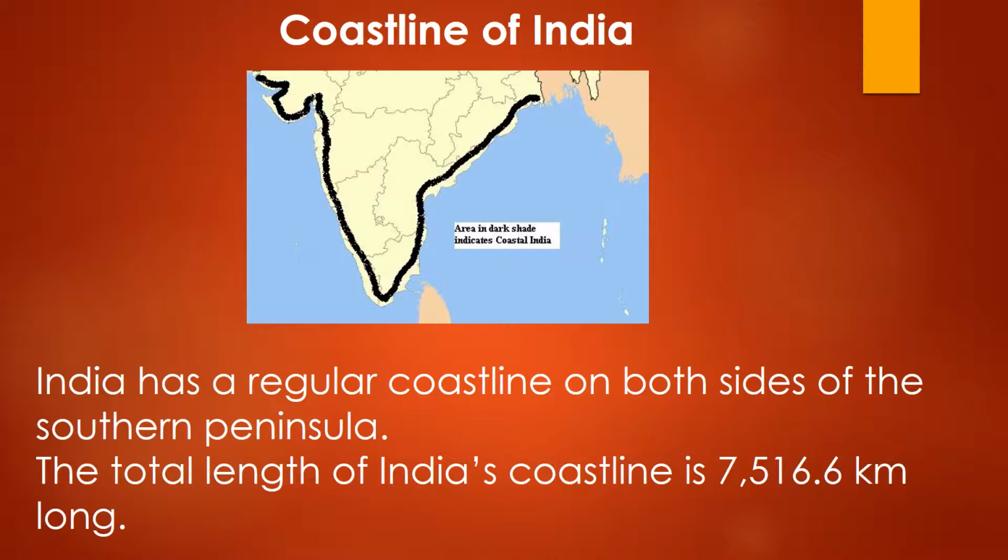This is the black line you see in this picture. This is the coastline of India, which is surrounded by the Arabian Sea in the west, Bay of Bengal in the east, and Indian Ocean in the south.